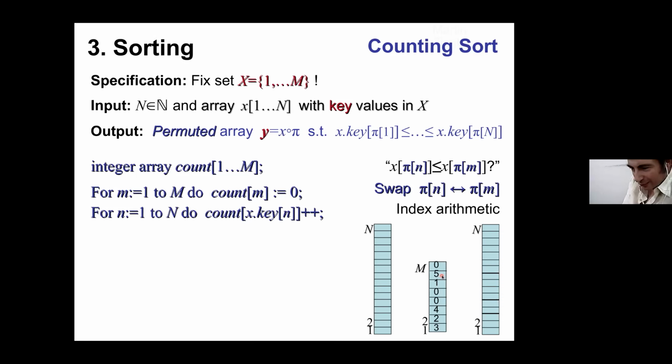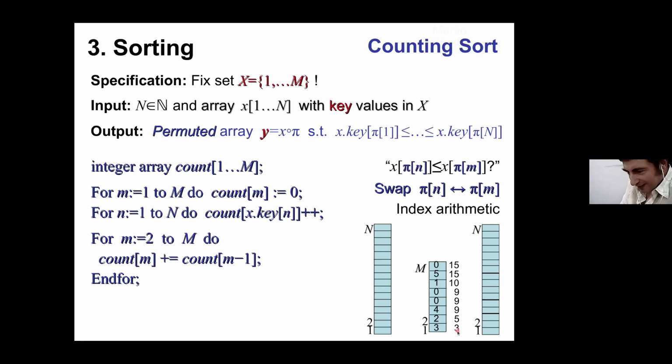Then what you write in this record is the 3 elements with key 1, the 2 elements with key 2, the 4 elements with key 3, then for 4 and 5 there is nothing, 1 element with key 6, and 5 elements with key 7, one after the other. And this is essentially what this code does.